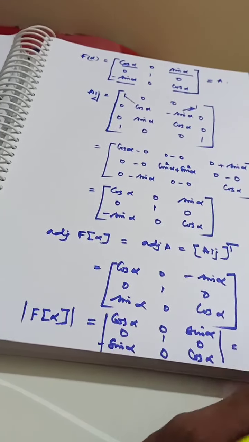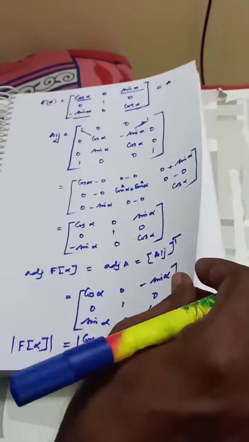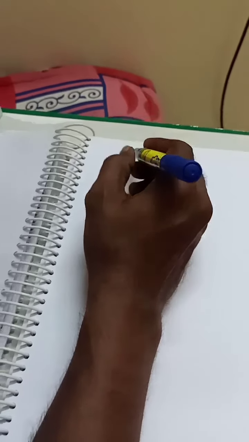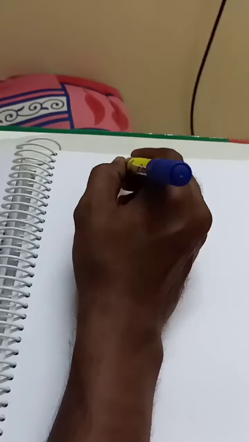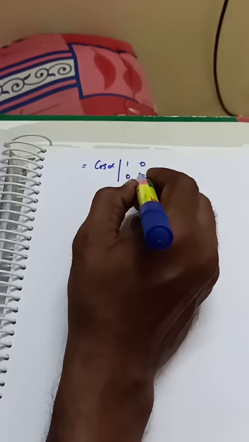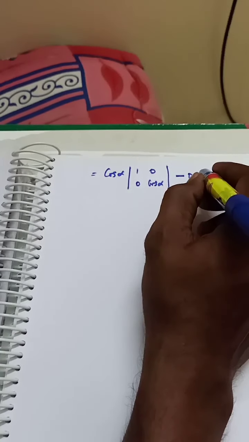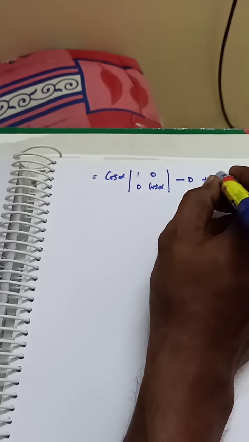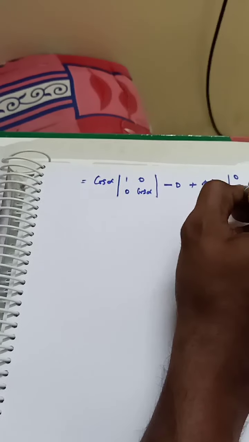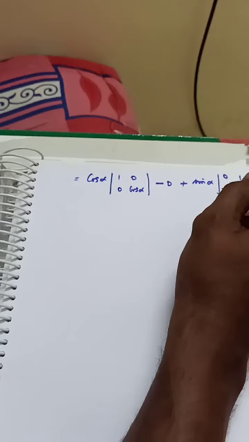So the answer is cos alpha, the minor is 1 0 0 cos alpha, and minus 0, so no need to write the minor, plus sin alpha of 0 1 minus sin alpha 0.